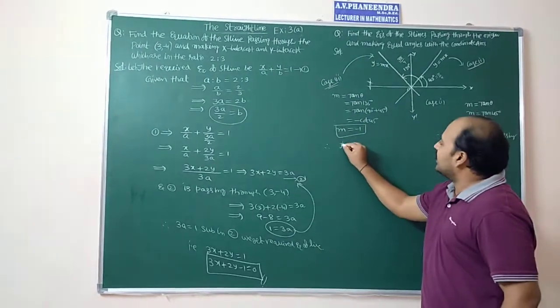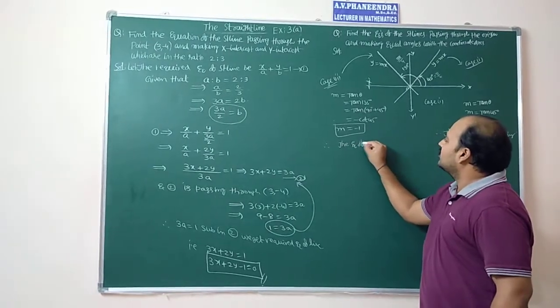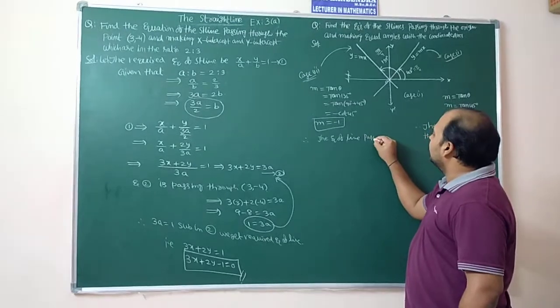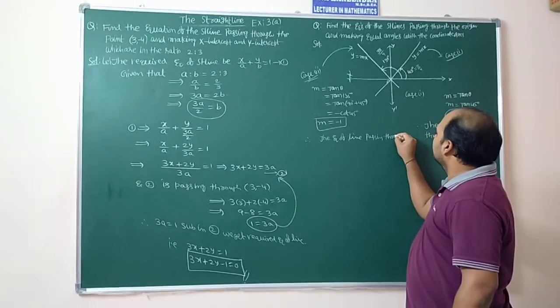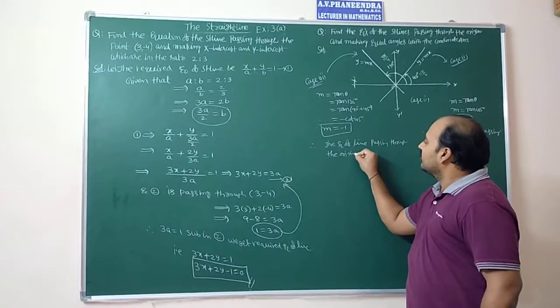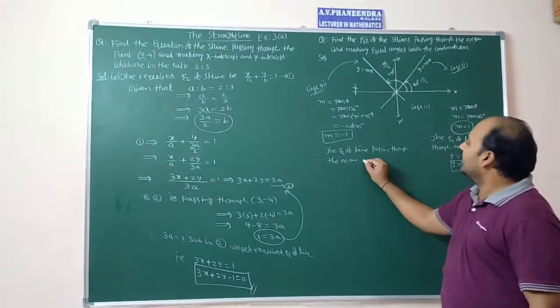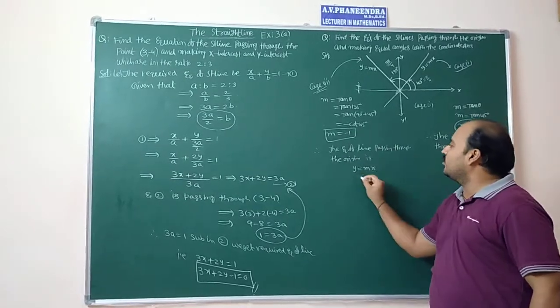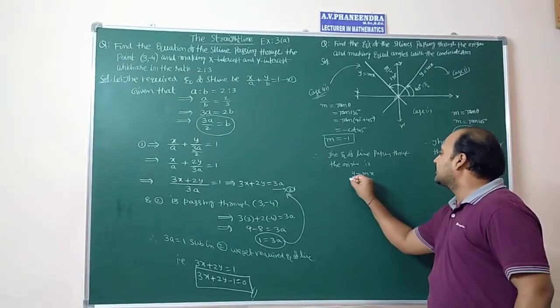Therefore, the equation of the line passing through the origin is y = mx. In this case, m = -1. So y = -x.